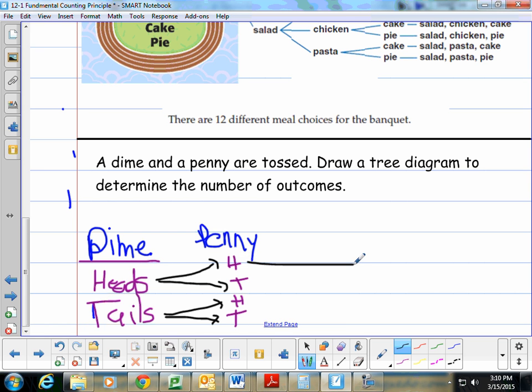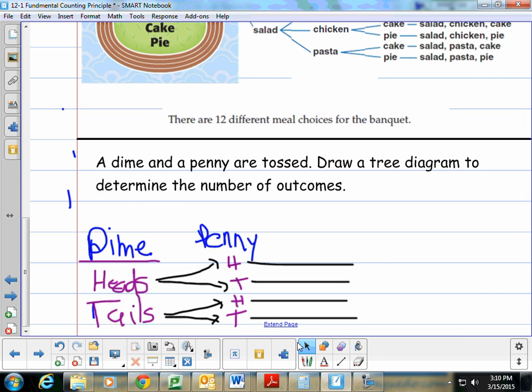So the different outcomes then, as you can see, are I could have had heads and then heads as an option. I could have had heads and then tails as an option.